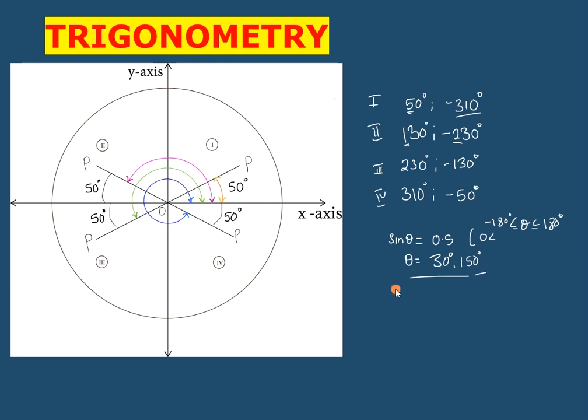But supposing they told you that cosine of theta is equal to 0.5, what will you do? Cosine of theta is 0.5, and we know that theta is equal to cos inverse of 0.5, which is going to be 60 degrees. And the cosine of theta is positive in the first and the fourth quadrant.